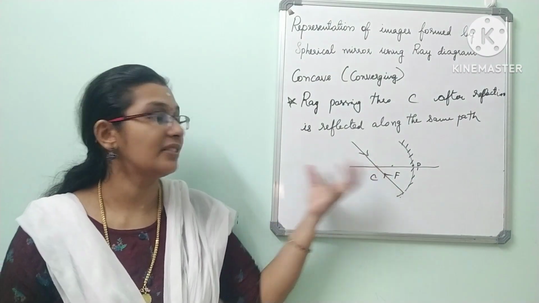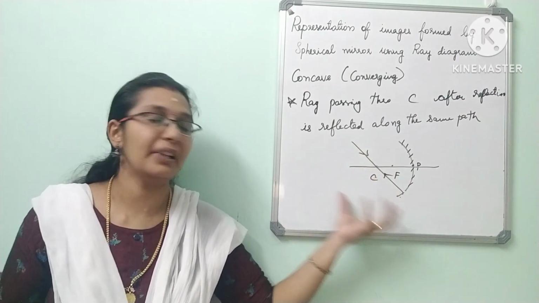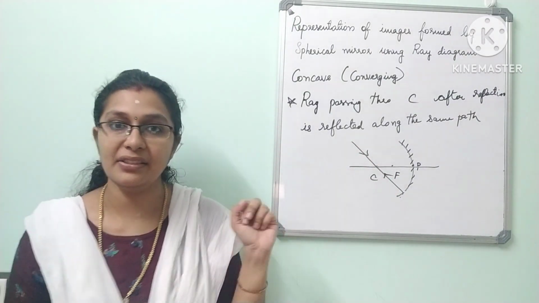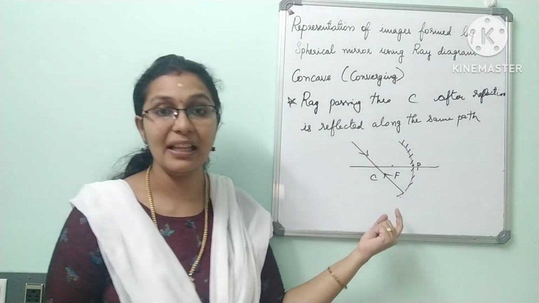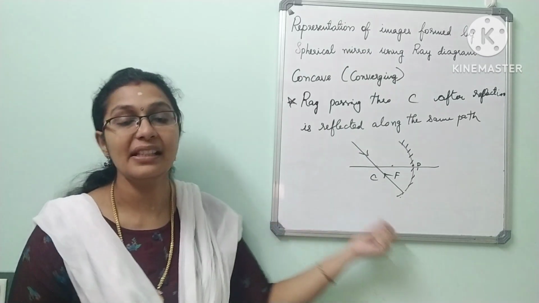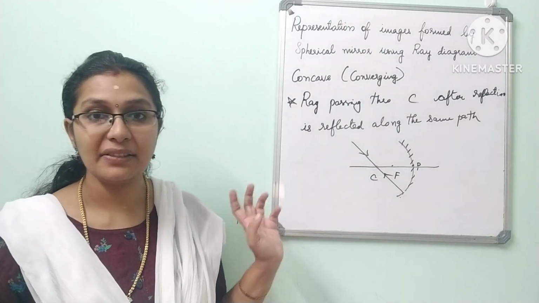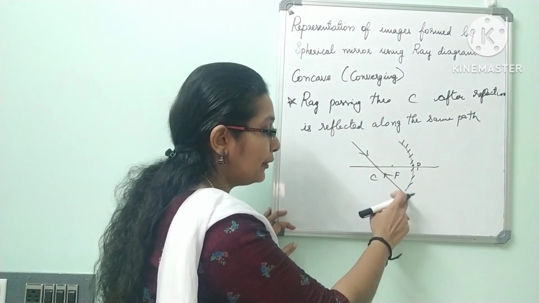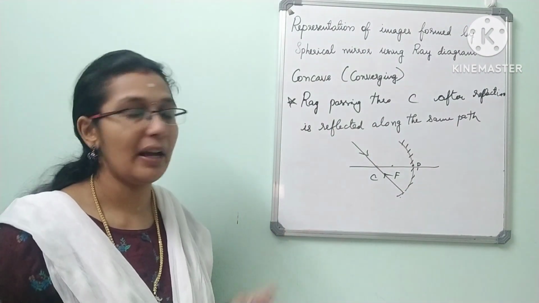So this is the third rule. I'll tell you the reason later why it is reflected along the same path. For now you understand the rule. So a ray passing through the center of curvature after reflection is reflected along the same path. You have to represent it by the arrow marks. So this is the incident ray. After reflection, the same path it follows and the direction alone you have to change.